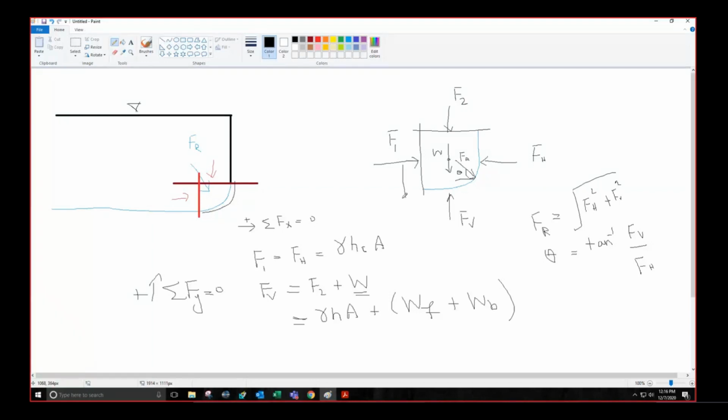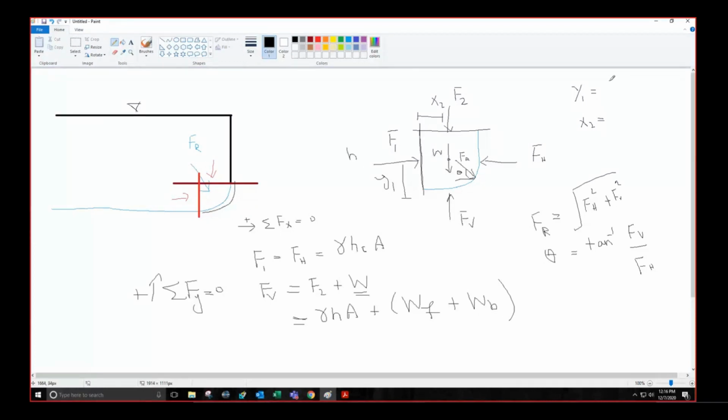Also the location of F1 and F2. Let's say the location of F1 is Y1 and the location of F2 is X2. So Y1 would be equal to, and X2 would be equal to what? Yes, what would Y1 be? This dimension, which is basically the radius of the semicircle, let's say this dimension is h.